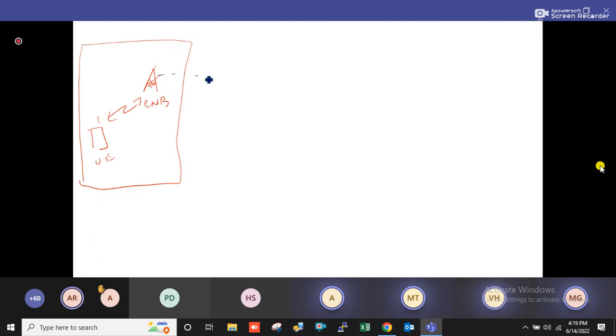On one side, it is given to something called MME. MME takes care of only signaling. That's why this interface is called S1C, or it is also called S1 MME. Both are one and the same. So it is called the S1 interface.